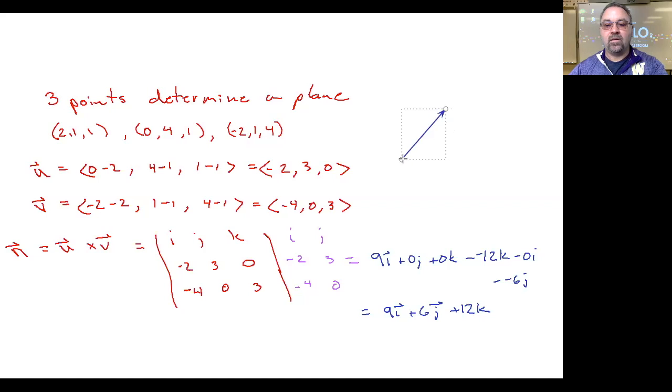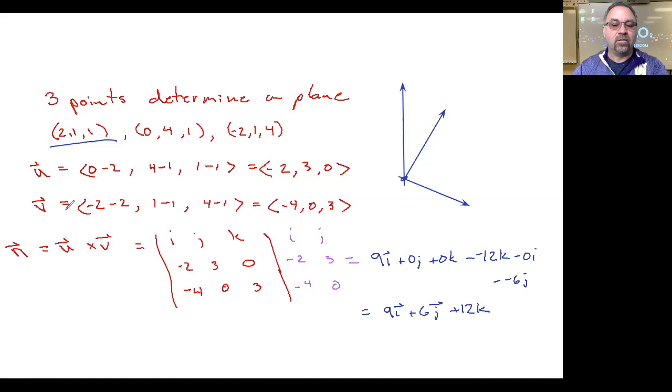If I cross product this vector, I want to go the other direction. There we go. And this vector, remembering that the cross product is perpendicular at the point where the two vectors meet down here at the tails, and that's the point 2, 1, 1. I'm going to go ahead and just use 2, 1, 1, since that's the point that's common and that's where the vector goes up.